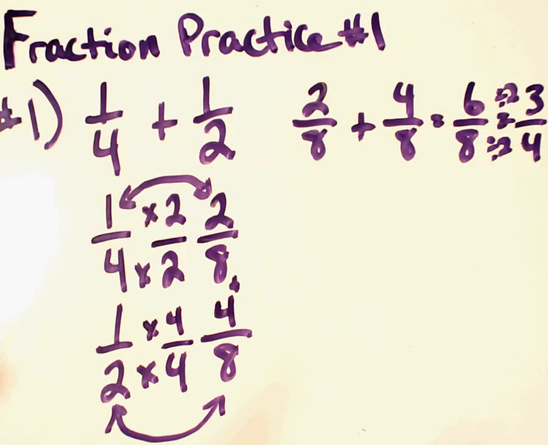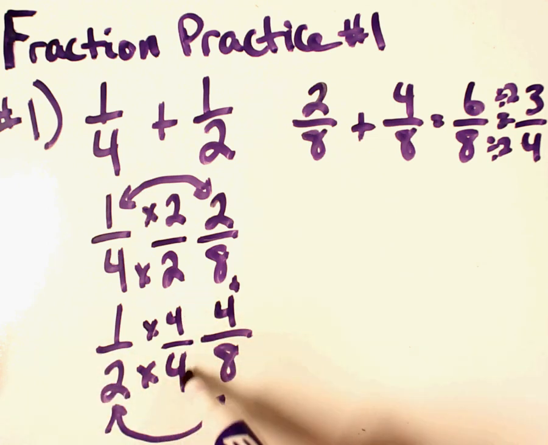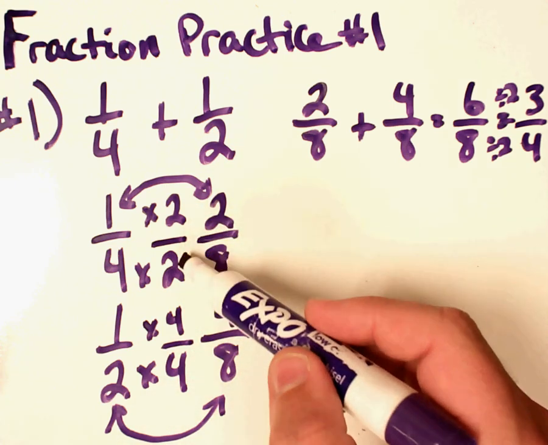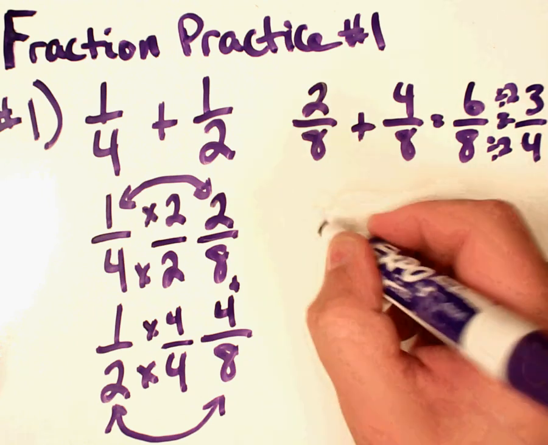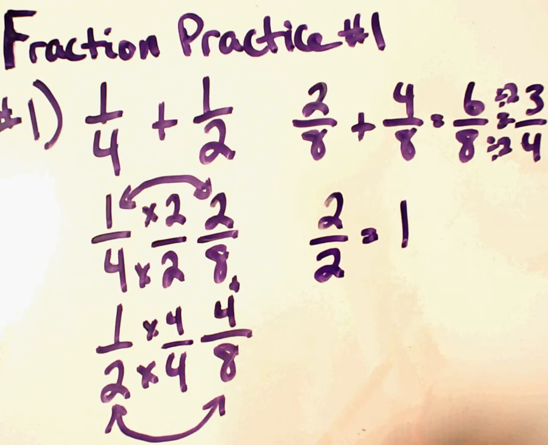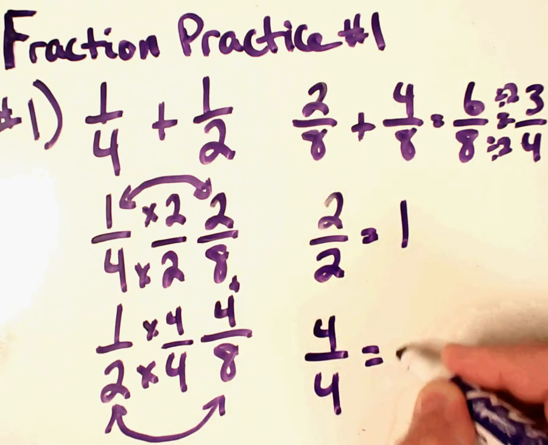What I want you to notice with each of these is that whatever I did to the denominator, I also had to do to the numerator. So ultimately I'm multiplying in this case by 4/4, in this case by 2/2, and in this case I'm dividing by 2/2. Well, 2/2 is the equivalent of 1, and 4/4 is the equivalent of 1.